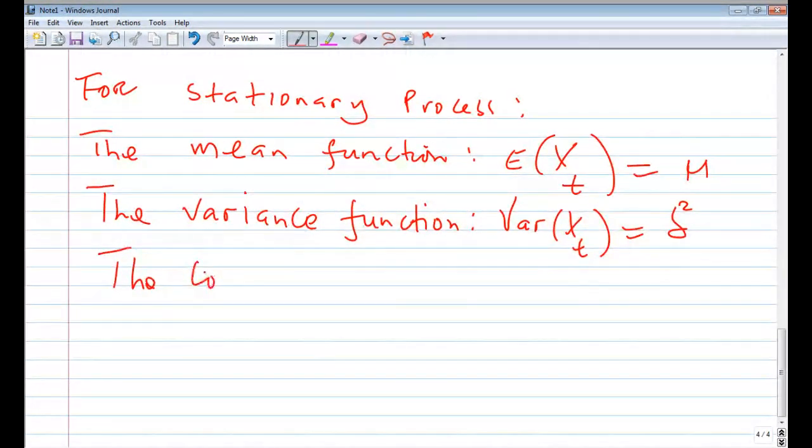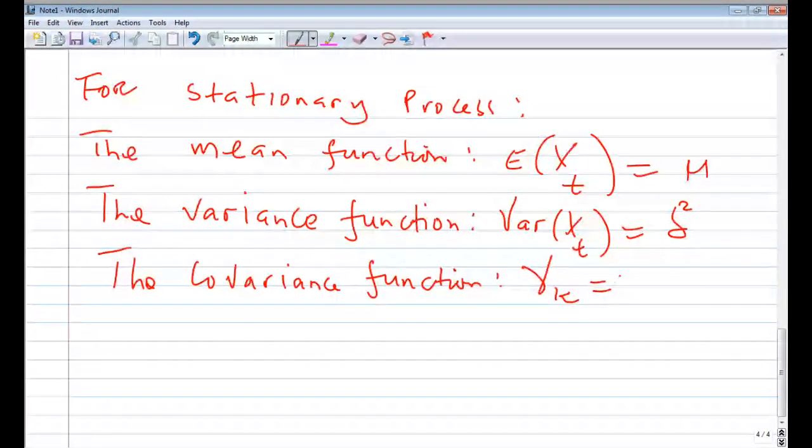The covariance function under a stationary process is defined by gamma again. Gamma, this time around, is gamma k. Remember, in stochastic processes we were using gamma s and t. Here, because the process is stationary, we're just using gamma k, which is equivalent to the cov of xt, xt plus k.